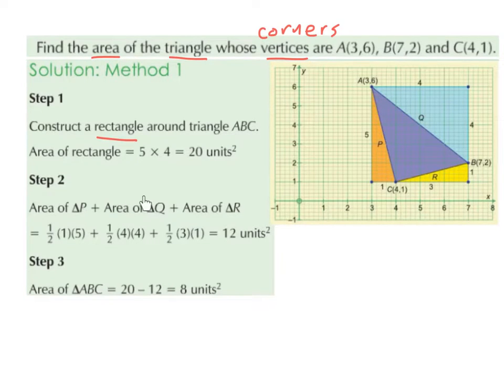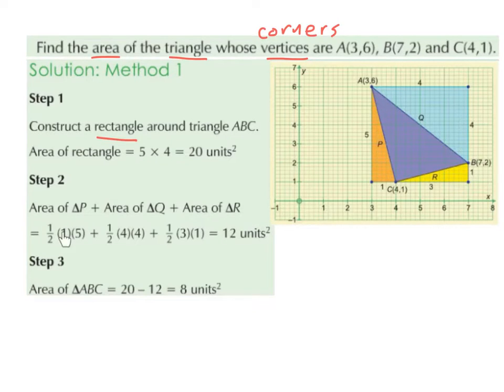The area of triangle Q is half times base times height again, so half times 4 times 4. And the area of triangle R, this yellow one here, is half times the base times the height, so half times 3 times 1.